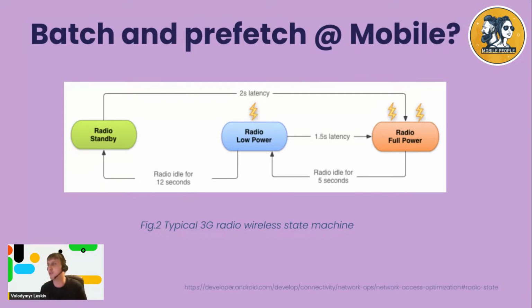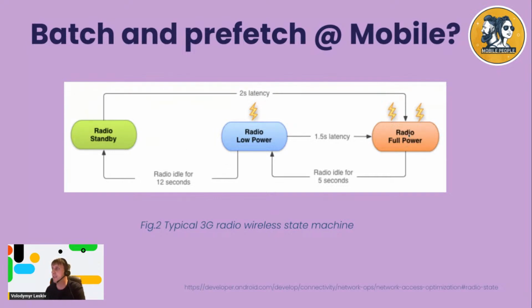Each mobile device has a so-called radio module, which is responsible for transmitting data with cell towers, so mobile data, let's call it. And this module could have different modes, different states. Here in the picture you can see a state machine.